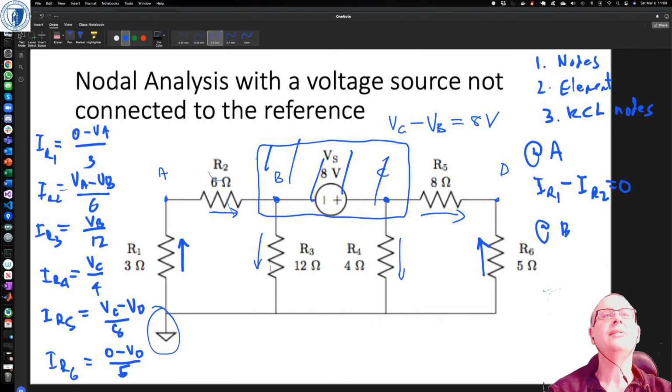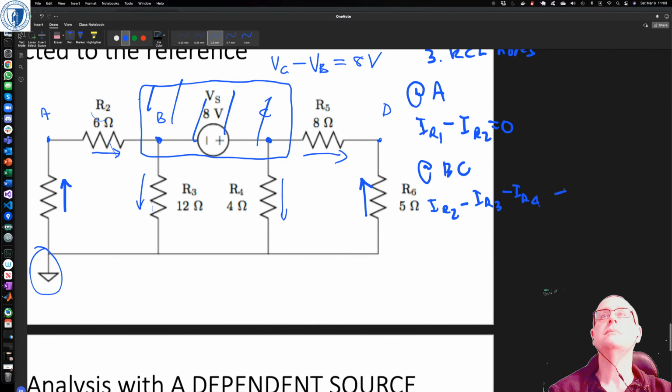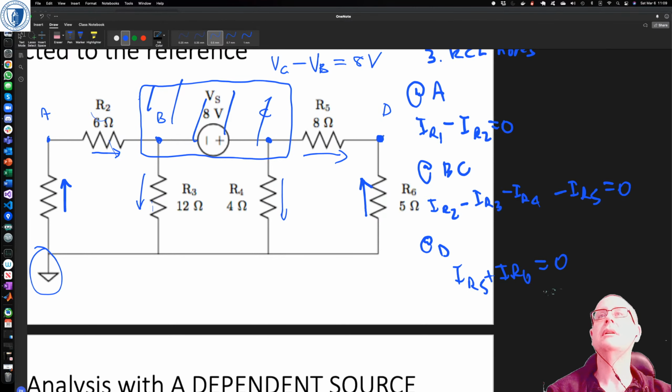At BC, or the supernode, we've got IR2 minus IR3 minus IR4 minus IR5 equals 0. And then at D, we have IR5 plus IR6 equals 0, because they're both flowing into the node at D.